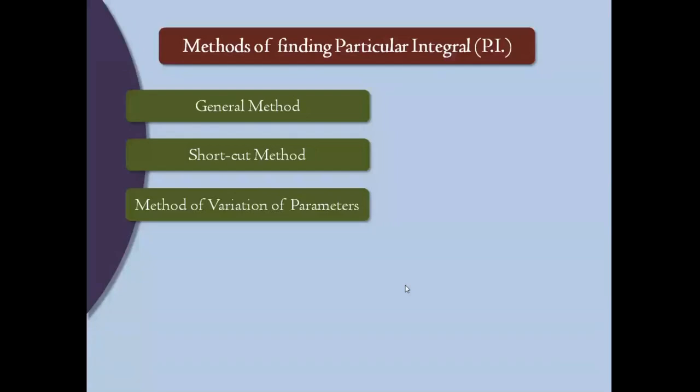For finding the complementary function YC, there is a unique method: you get the auxiliary equation, then depending on the roots of the auxiliary equation, checking the four conditions, we get the solution. But for the particular integral, these are the three different methods: general method, shortcut method, method of variation of parameters.